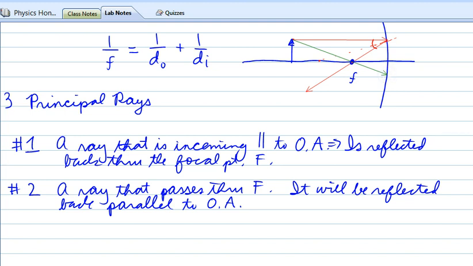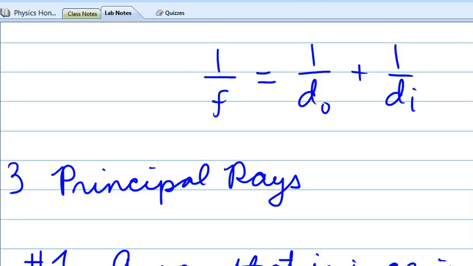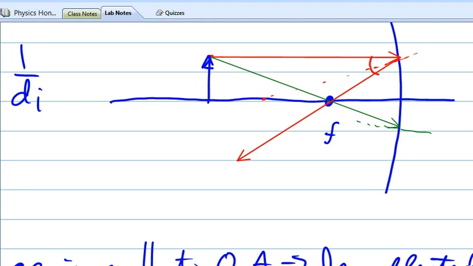Okay? And so now what I do is I construct my normal, and I hope you'll forgive me if I just do this kind of, well, I have to go from the center, right? So there's my normal, and I'm going to zoom in so I can show you this. Okay, and so what I know is that the incident ray will have the same angle as the reflected ray, and so I'm going to end up reflecting back parallel.